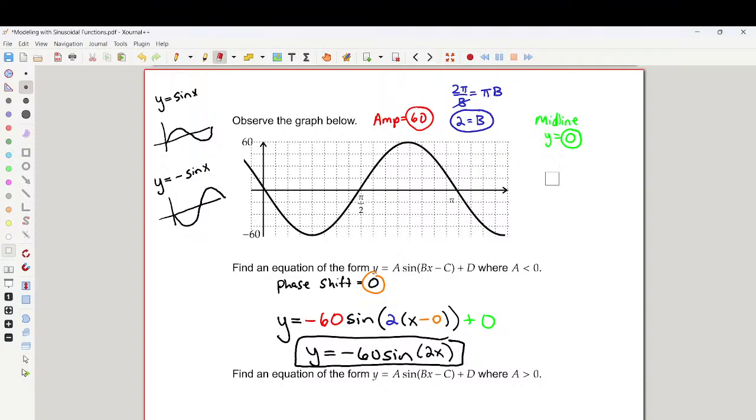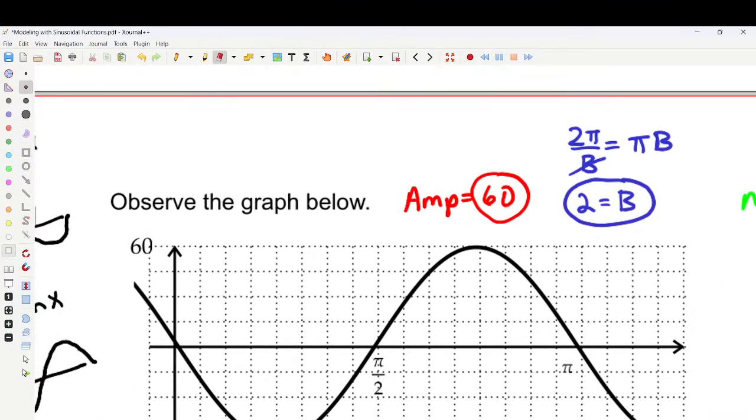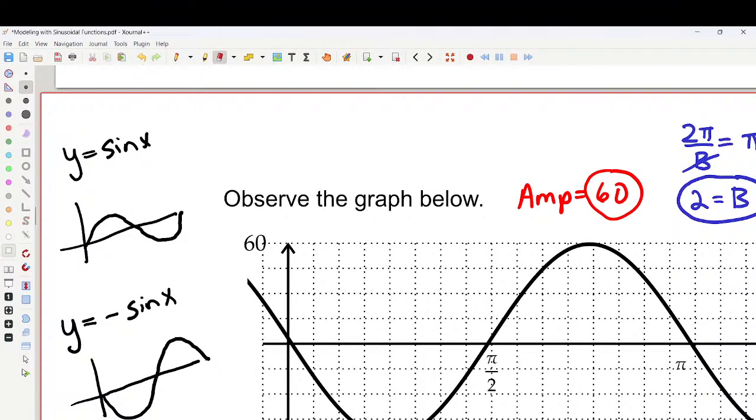Find an equation very similar, a sine bx minus c plus d. However, this time a has to be greater than 0. So here's what I need to know. If A is greater than 0, I'm looking for a trough followed by a crest.